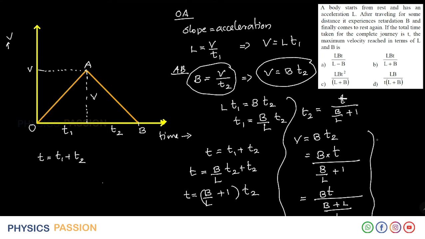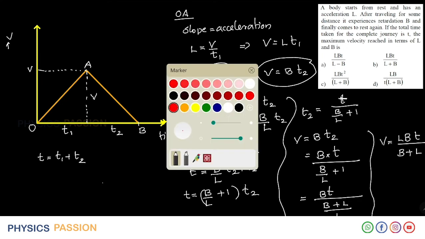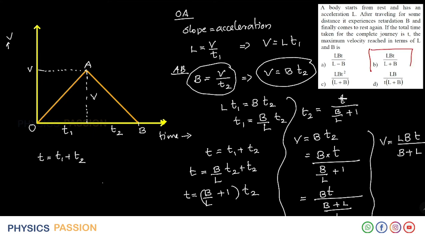So V is equal to LBT divided by B plus L. That is LBT divided by L plus B. Both are the same. That's our correct answer. So it is option B.